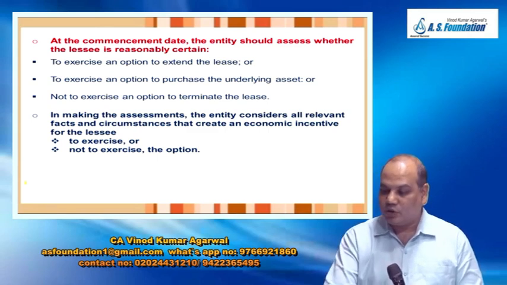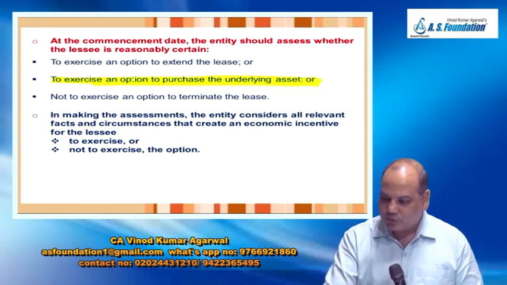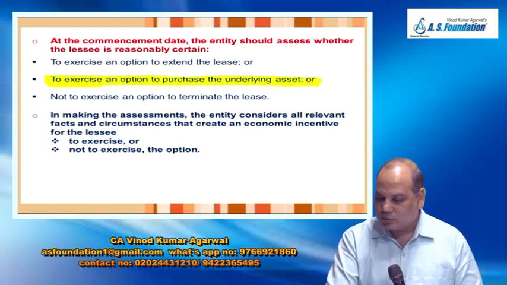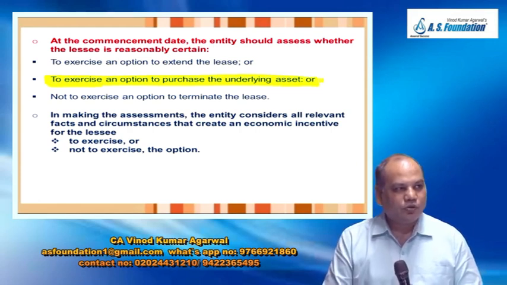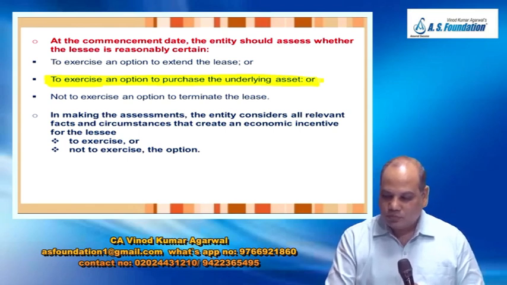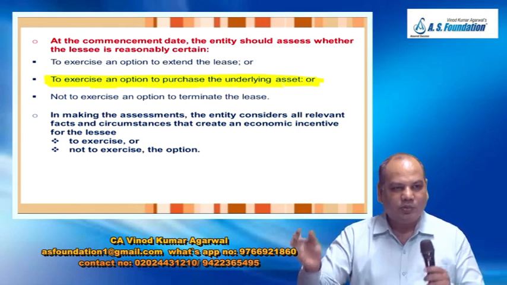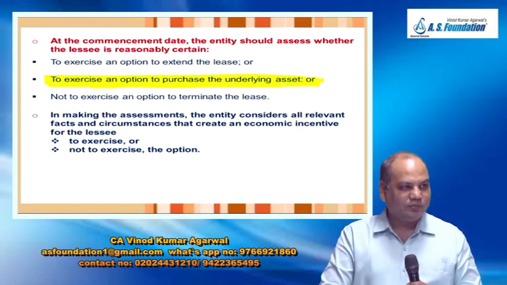Some lease contracts give you an option to purchase, because the lessor also knows that after 10 years of use, it will be difficult to find a buyer or another lessee. So some lease contracts give you an option. If you are going to use that option and buy the asset, then my lease term ends there only.